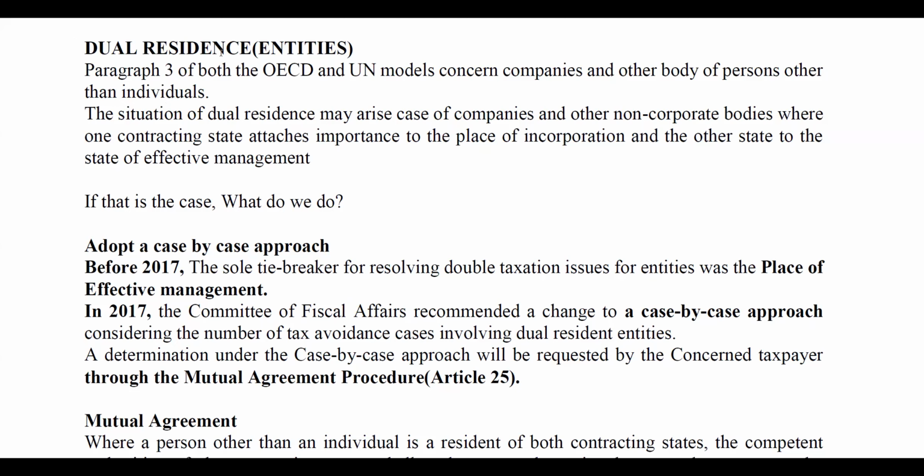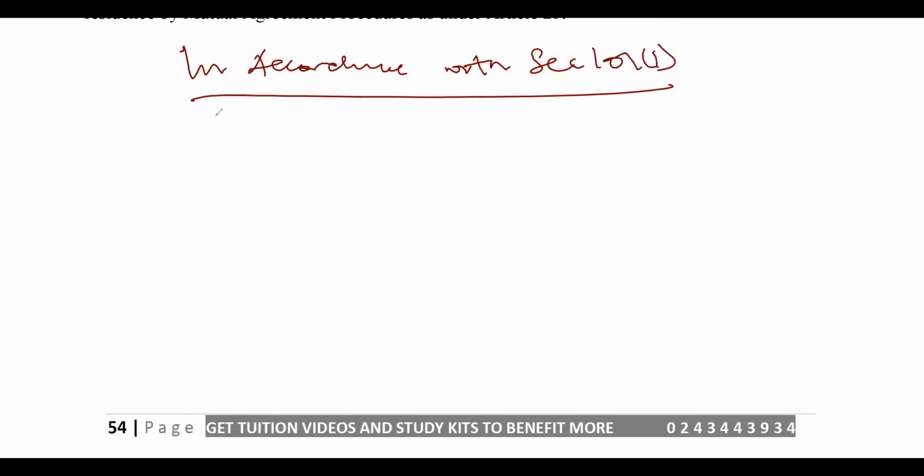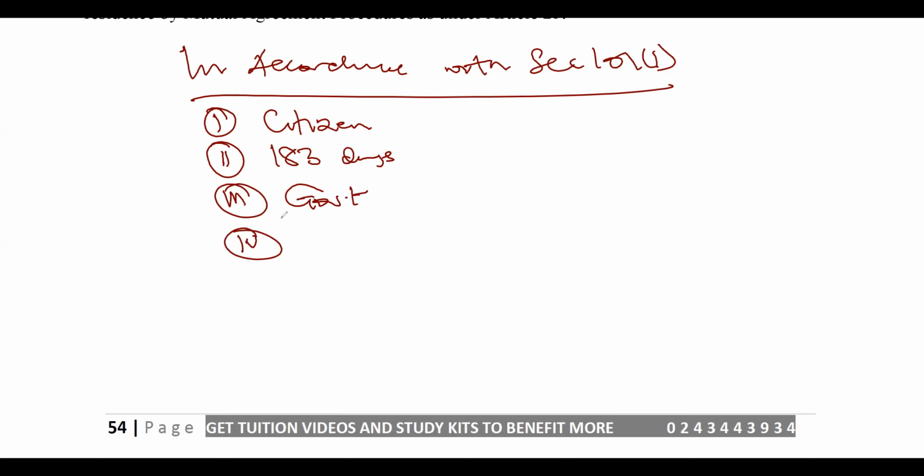Okay, so now let's look at dual residence for entities. But you know, for Selom's question, if I like, I could continue and say that, since Selom is resident in Ghana, in accordance with section 101, subsection 1, an individual is said to be resident in Ghana where: 1, he's a citizen of Ghana, other than a citizen who has a permanent home outside the country and stayed there for more than 365 days; 2, somebody who has stayed more than 183 days in Ghana for an aggregate period of 183 days; 3, a government official posted abroad; and 4, a citizen who is temporarily outside the country and has stayed there for less than 365 days, but has a permanent home in Ghana.